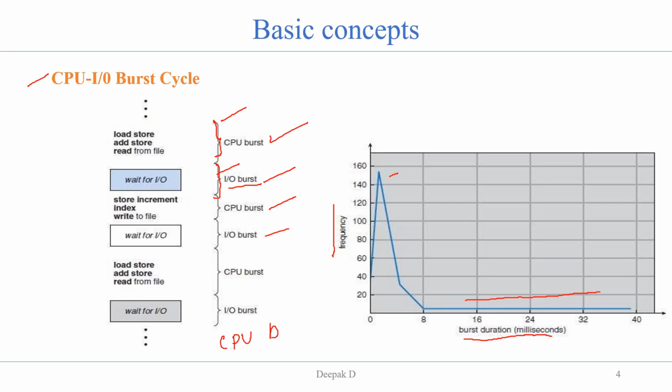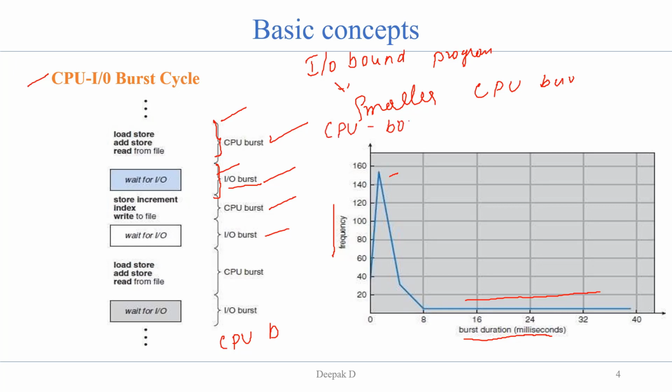Whenever we come across IO bound programs, we may have smaller CPU bursts. But when you have CPU bound programs, you will have longer CPU bursts.